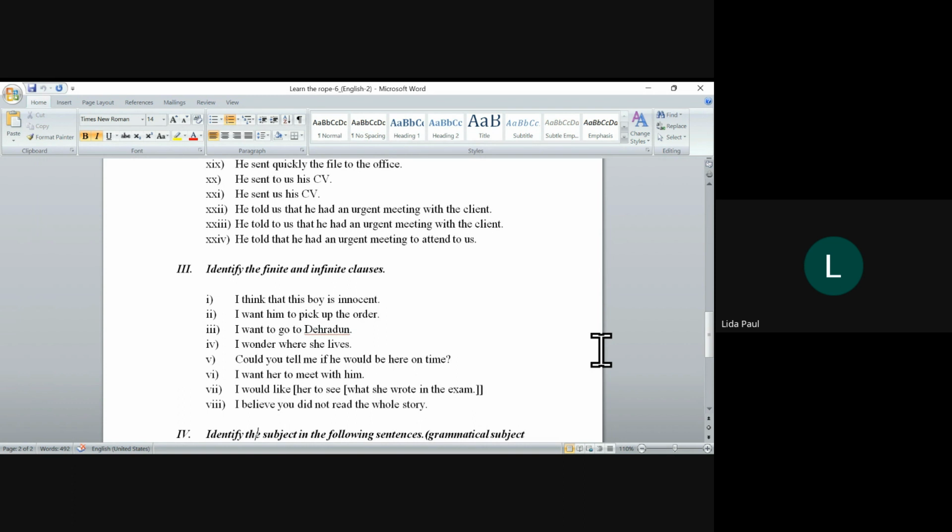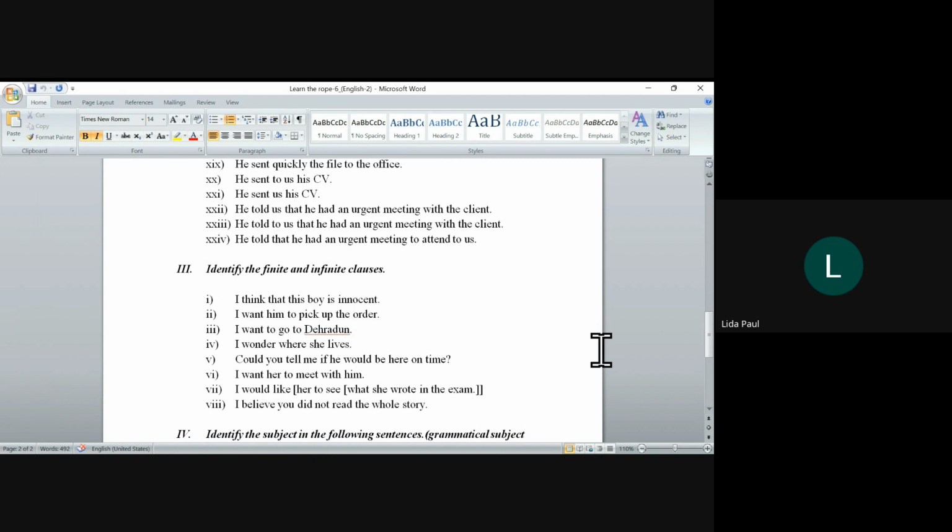If the verb in the sentence is able to tell you about the time or tense, then that clause is considered finite. If it cannot tell you anything about the time or the tense, then it's called infinite. So keep this in mind. Finiteness is a concept in grammar which is linked closely to the verb. Okay, all right. So based on that, can we discuss these questions?